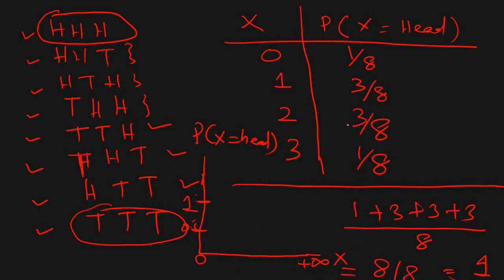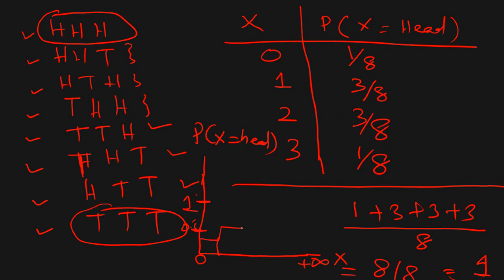So if you plot it in the XY plane, the probability of getting 0 heads is 1 by 8. So this could be something like this, and then getting one head is 3 by 8.